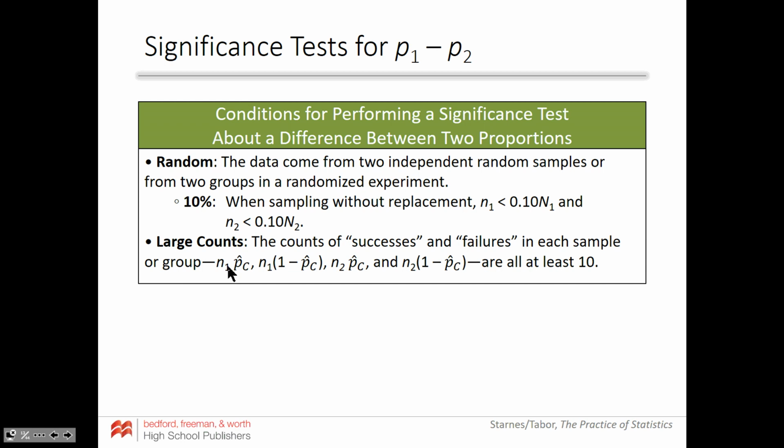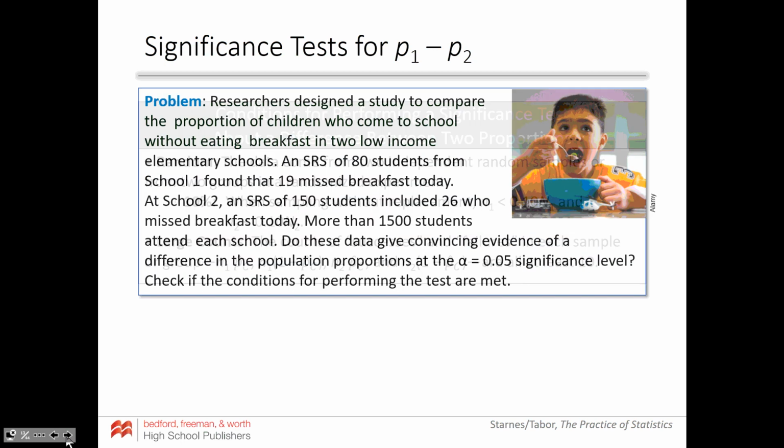We're looking at n1 times p hat combined. So notice all of these are p hat combined. It's how many successes and failures you have in each group, but compared to what we're assuming to be true, which is that we can combine the p hats. So that's a little tricky.